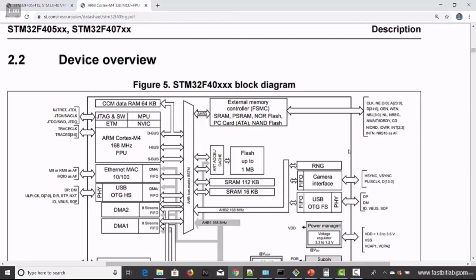Private peripheral bus is used to talk to the private peripheral bus region registers. The D-bus and I-bus are used to communicate with the core memory to fetch instruction and data simultaneously. And the S-bus interface is used to communicate with the SRAM and to the on-chip peripherals of the microcontroller.